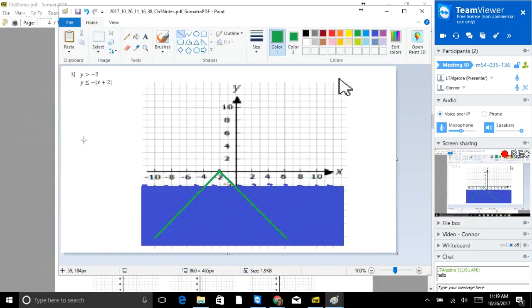All right, so now what part of this triangle do I shade? Let's see. 0, 0, our good friend 0, 0. So if x is 0, 0 plus 2 is 2, and 2 is greater than 0. So it's all of this, sorry.